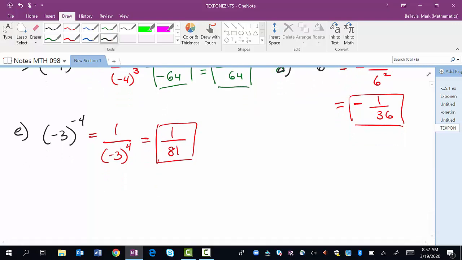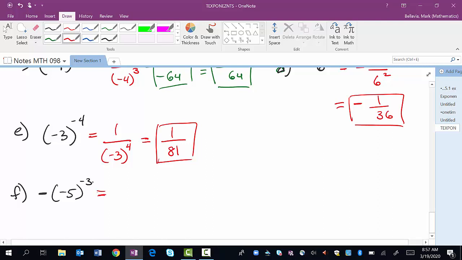And we'll do one more like this. So if I have negative, and then I have negative 5 in parentheses after that first negative, and then raised to the negative 3 power. Let's talk about what's going on here. First off, the base for this is just the negative 5.